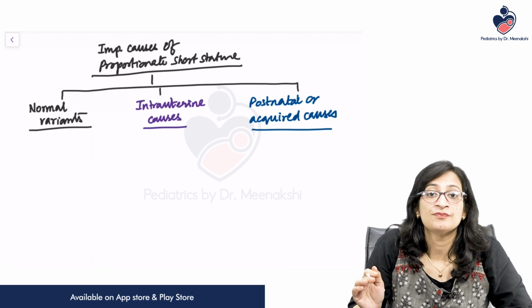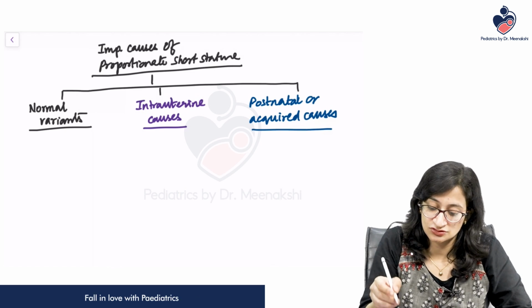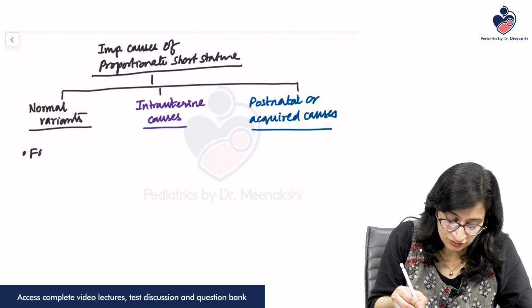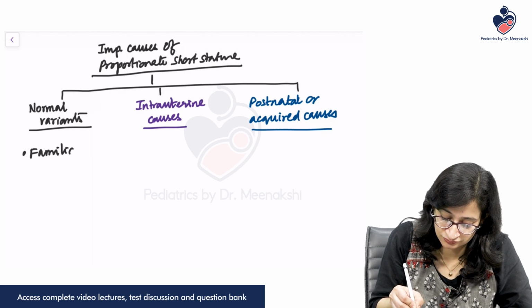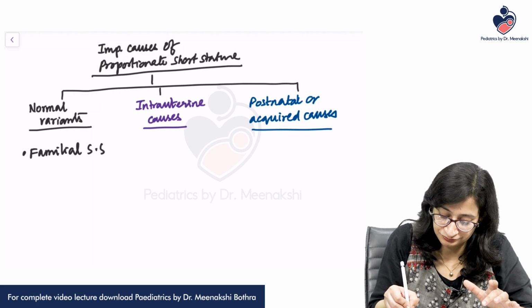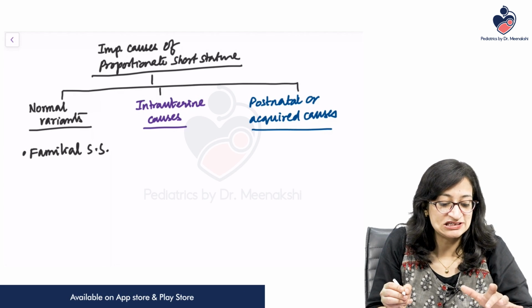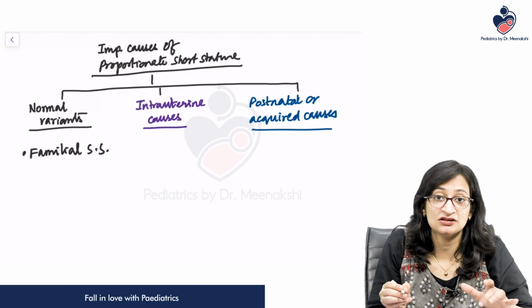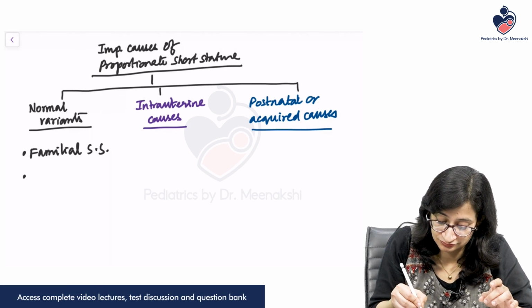So normal variants include two categories. One is called familial short stature, and the other is something known as CDGP, that is constitutional delay in growth and puberty.